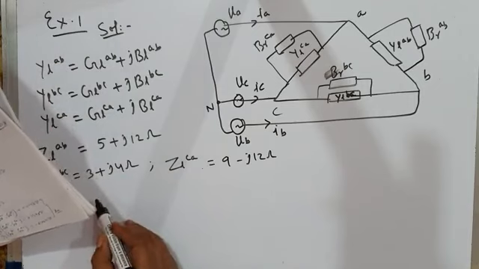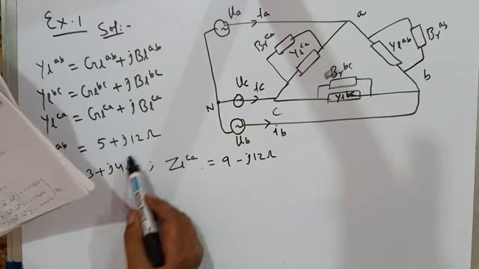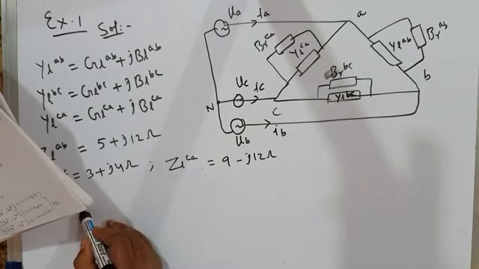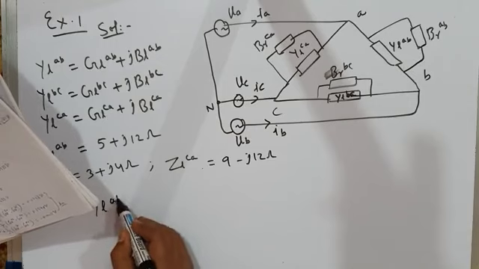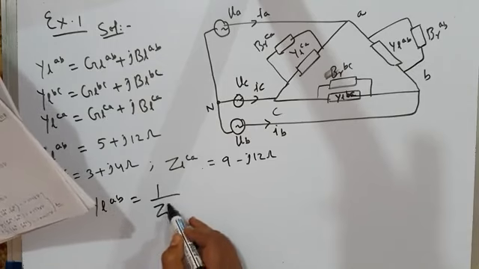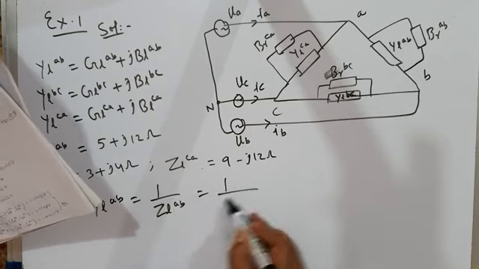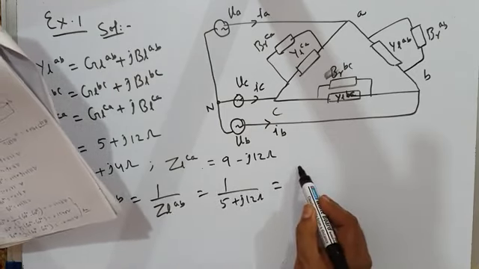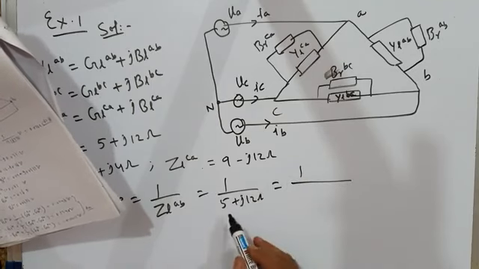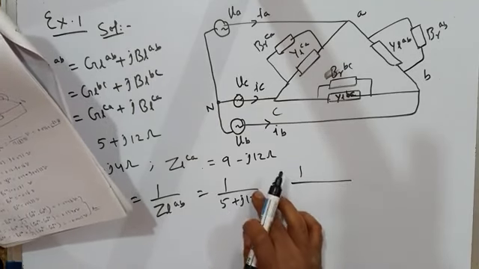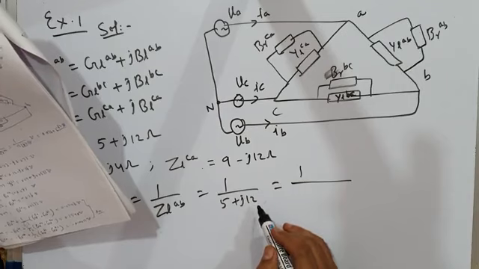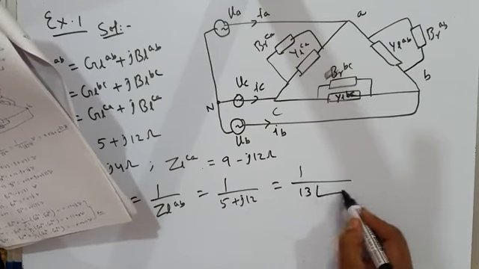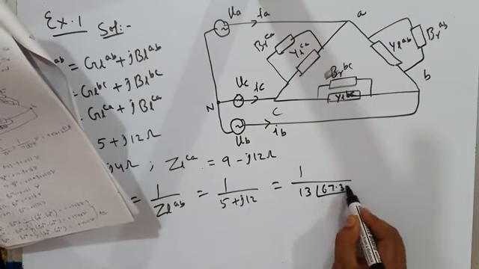Now it is given in the problem that ZLAB is 5 plus J12 ohms. So what will be YLAB? YLAB is 1 by ZLAB, that is 1 by 5 plus J12 ohms. 5 plus J12 is in rectangular form. In polar form, it will be 13 ohms at an angle of 67.38 degrees.